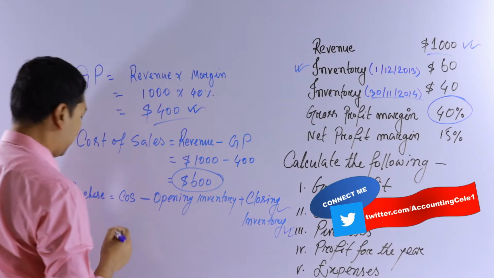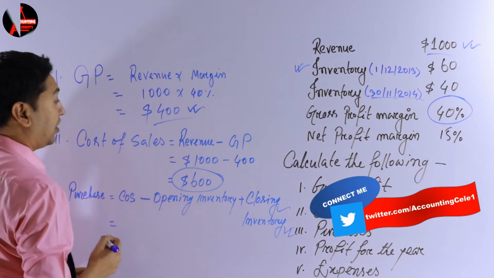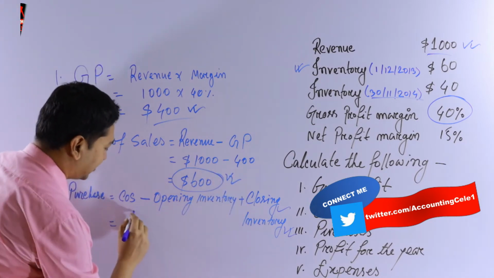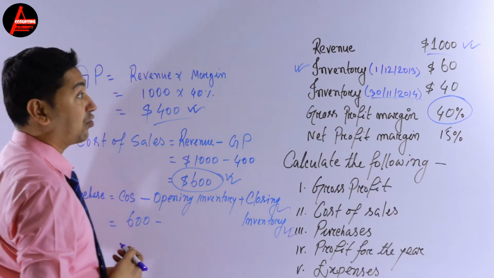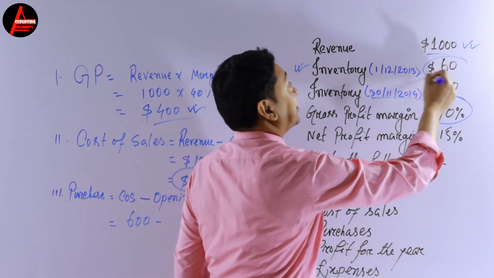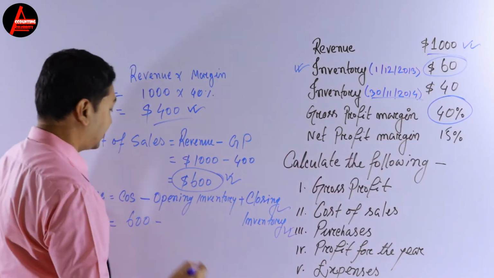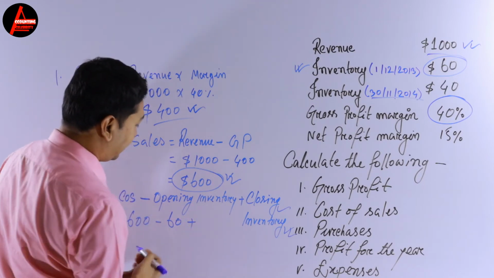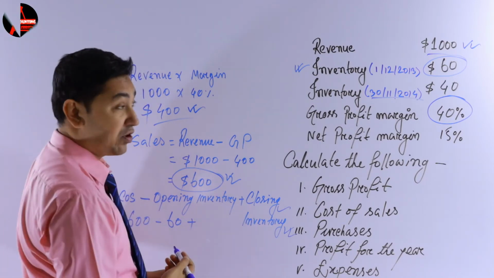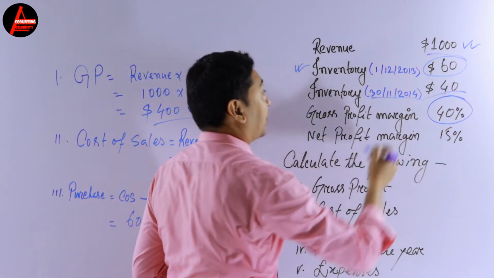Okay, so now let us write the value here. We have cost of sales here $600. So right here $600 minus opening inventory. What is it? It is $60. So right here $60. Then you add what? Closing inventory, which is $40.